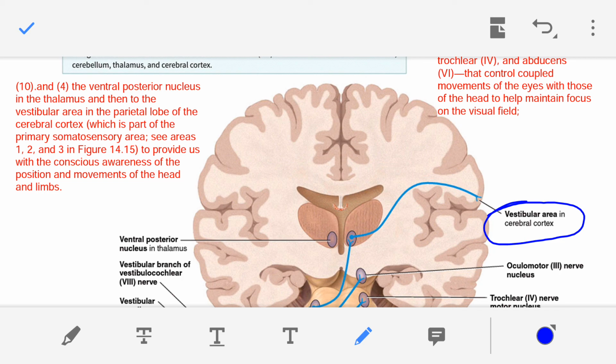After the interpretation, we are consciously aware of the position of our head, where exactly it is located and in which direction it is positioned, and also where our hands are and what the position of our legs is, because the final information is interpreted by the vestibular area in the cerebral cortex.